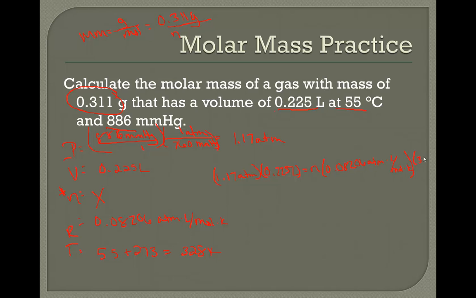That comes out to be 0.00978 moles. Now we can figure out our molar mass by taking our initial number of grams, 0.311 grams, dividing it by the moles, and that gives us grams per mole, and that's 31.8 grams per mole.